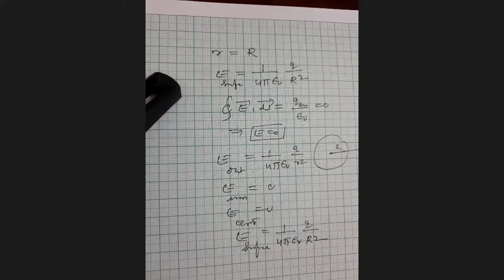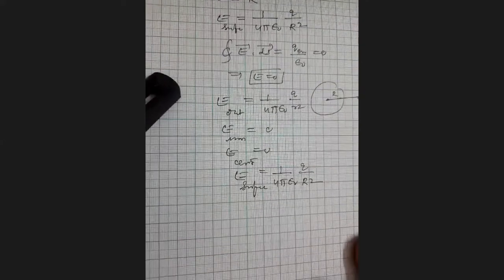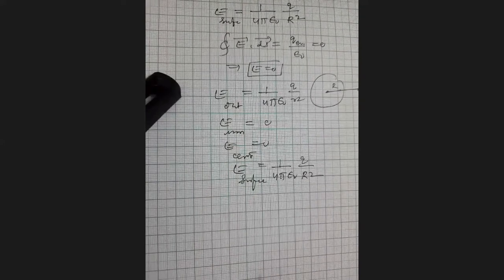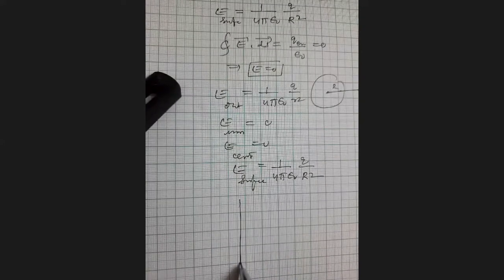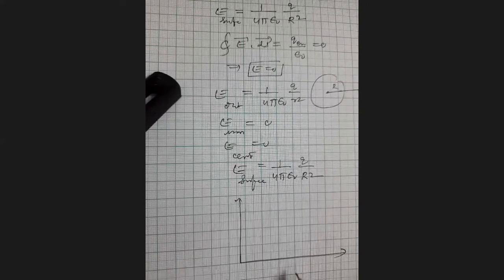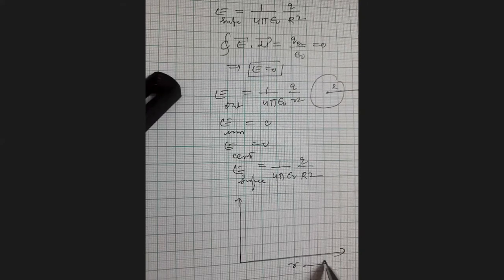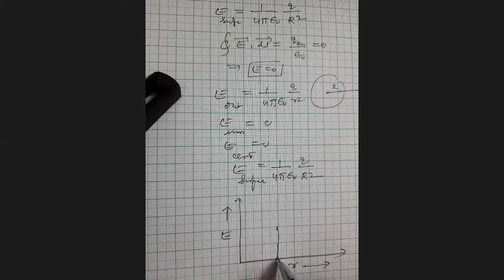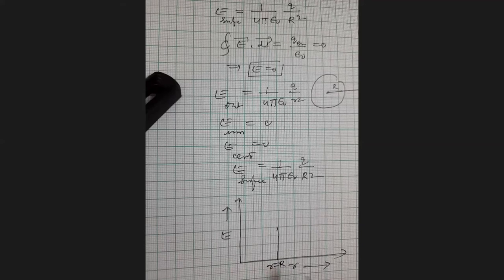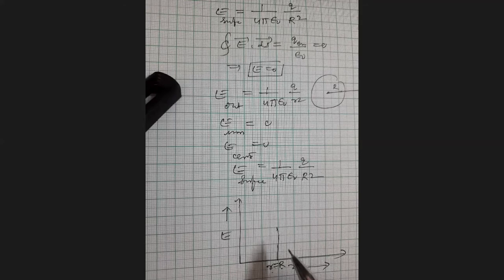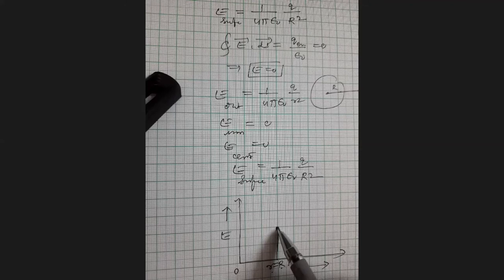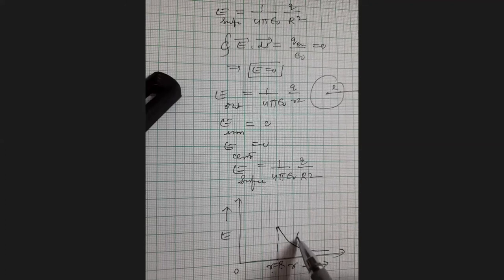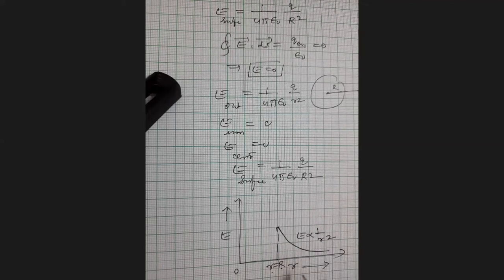Regarding this, if you draw the graph between electric field strength and the distance, we can show it like this. Distance is taken on the x-axis, the field strength on the y-axis, right? This is the surface, or equal to capital R. From center to surface, there is no electric field. From the surface, the electric field strength decreases inversely proportional to the square of the distance.